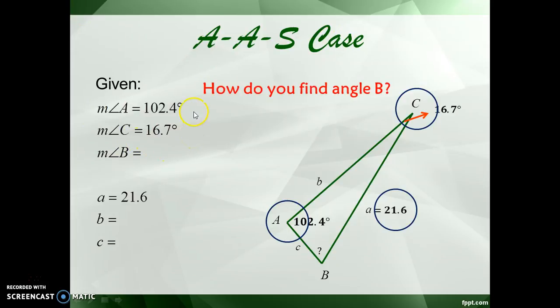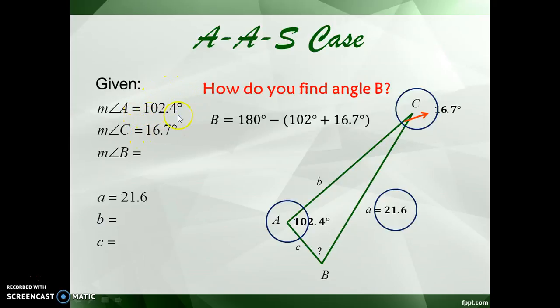So now, how do you find angle B? That's very easy. We know for a fact that in any triangle, the sum of the interior angles is equal to 180 degrees, which means that angle B is just equal to 180 degrees minus the sum of the two given angles.